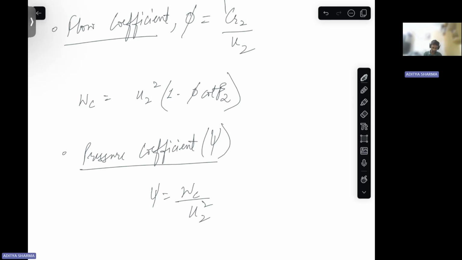If you see this expression, here if beta 2 is 90 degrees, in that case cot beta 2 is cot 90 degrees, which is 0, and you get U2 square. And beta 2 equal to 90 degrees is for your radial vanes at the exit of the impeller.